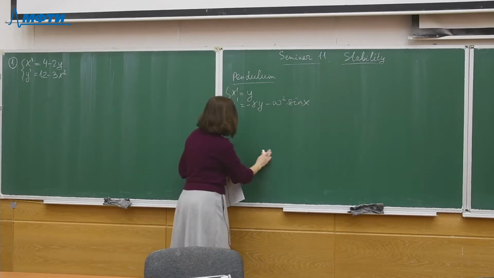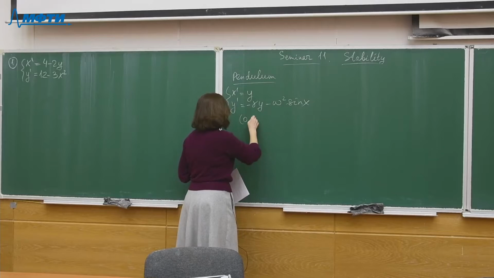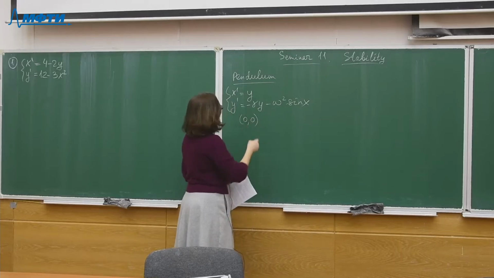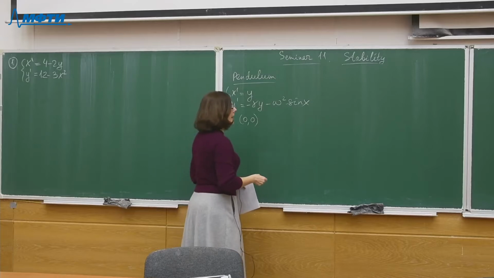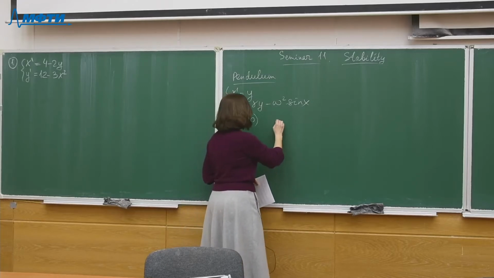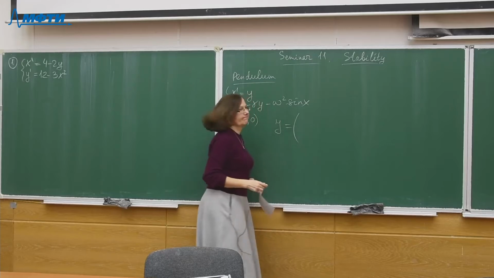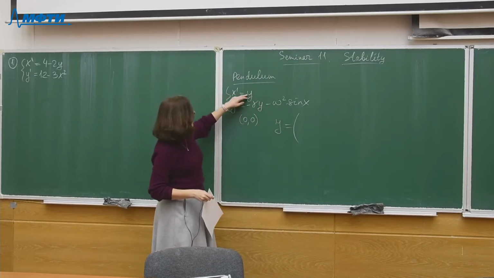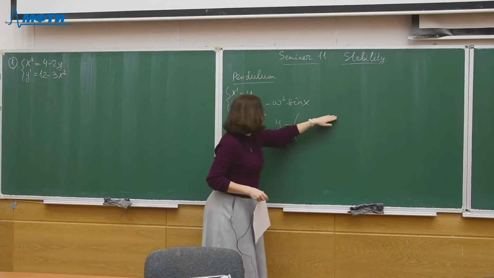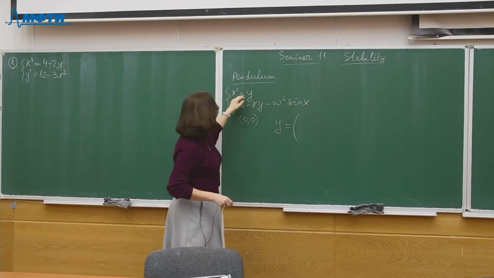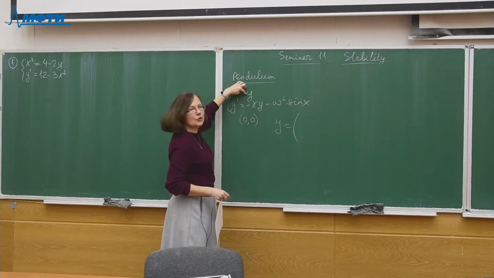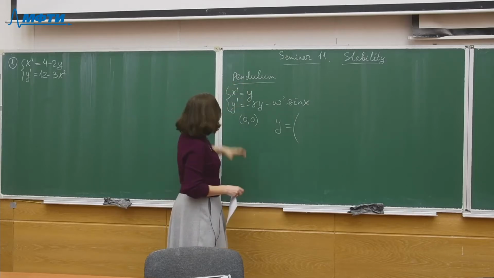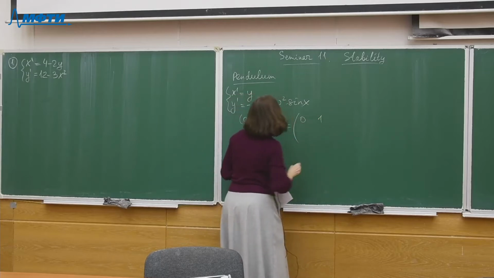Okay, and 0, 0 is an equilibrium, and to linearize this system, we must find the Jacobian matrix. So the first row consists of partial derivatives of this term with respect to x and y, so it will be 0 and 1.